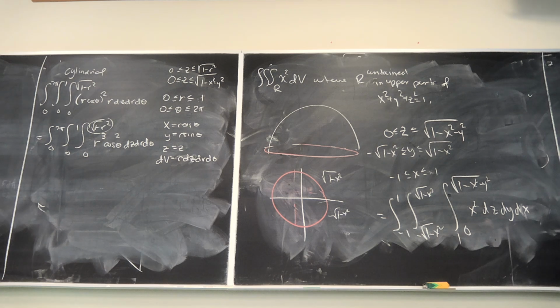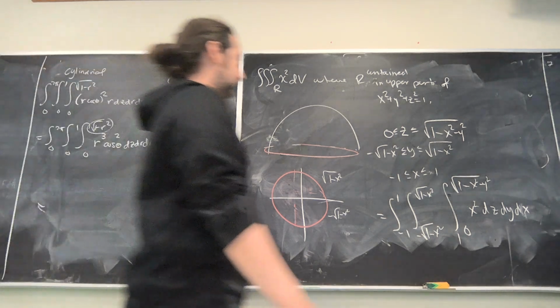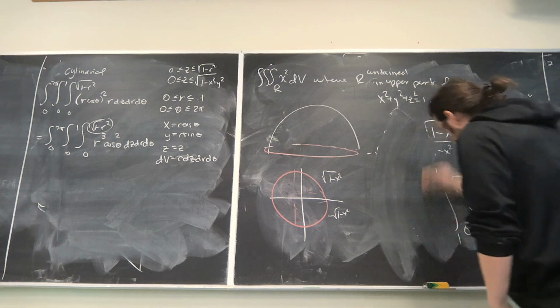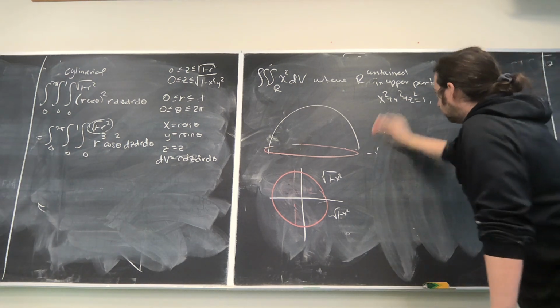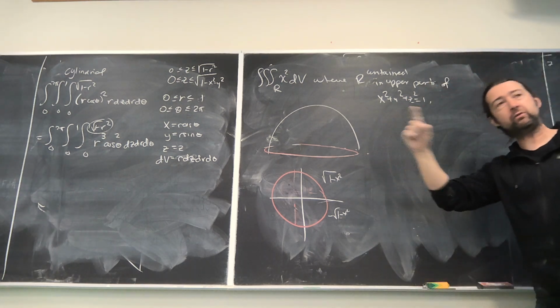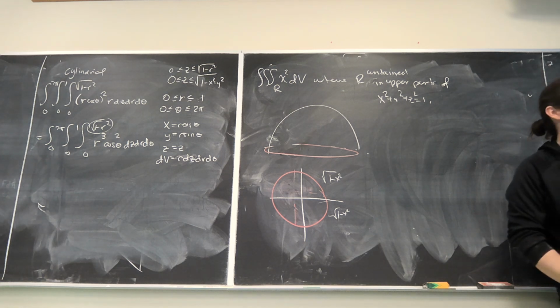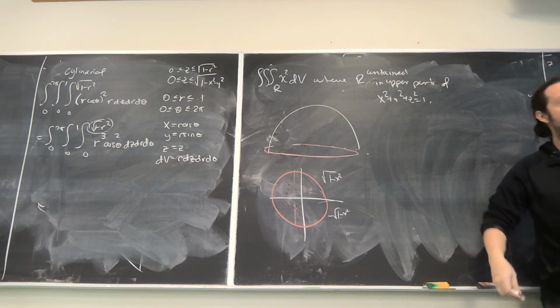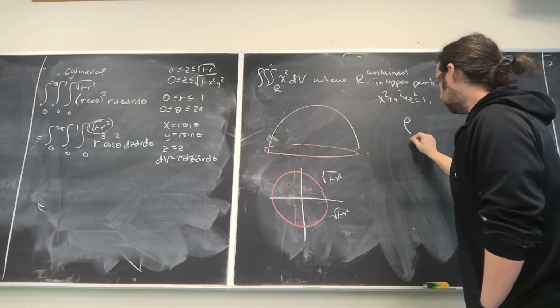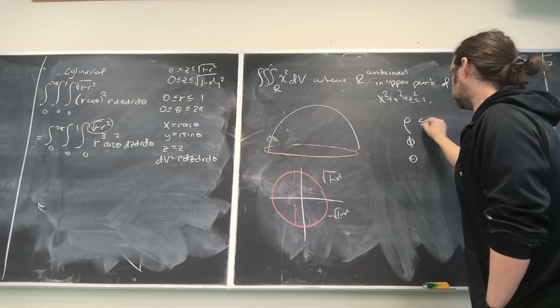Okay, same exact question for the third time. Let's describe that region in spherical coordinates. It's an upper hemisphere. You need to tell me rho, phi, and theta.